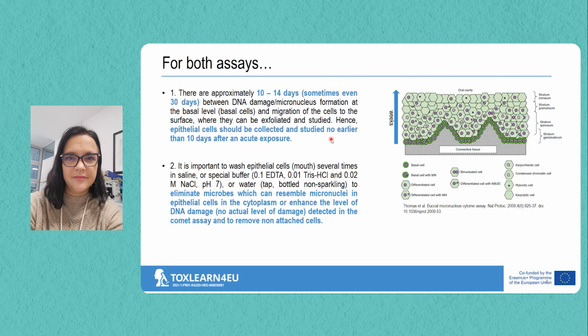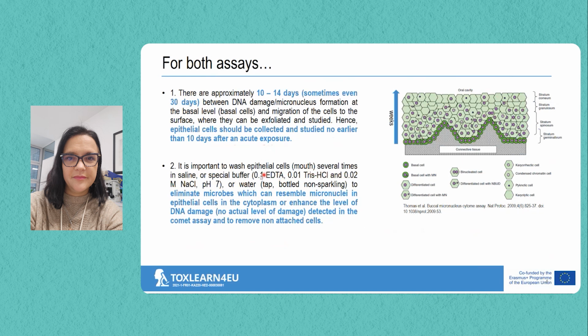That means that studies that you perform on the buccal cells cannot start earlier than 10 days after the acute exposure. If you have a chronic exposure, then you can collect the samples anytime. It is also important to wash those epithelial cells once or several times, mostly 3 times. The solutions that you can use for washing your mouth are either saline or some specific buccal cell buffer.